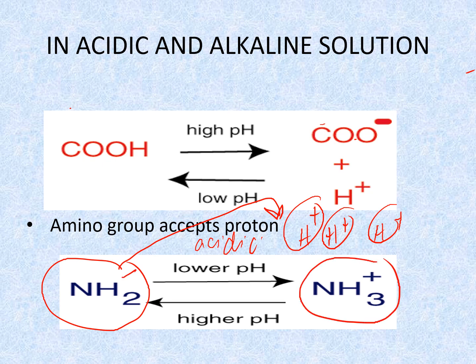So NH2 plus the proton, we will have the NH3+. Which means in an acidic environment, your amino group will carry a positive charge. Which is kind of the same as your amino group being exposed to physiologic pH. Remember, when the amino group of your amino acid is exposed to physiologic pH, it carries a positive charge. Now, how about when your amino group is exposed to the alkaline or basic environment?